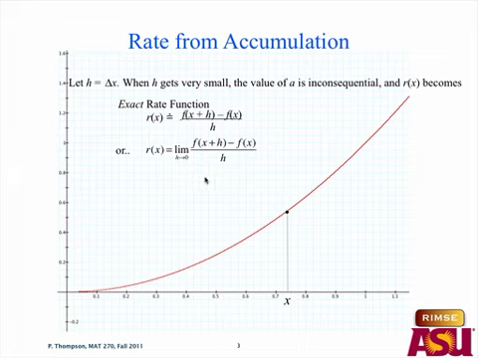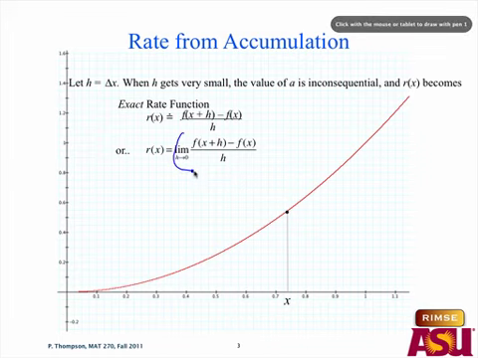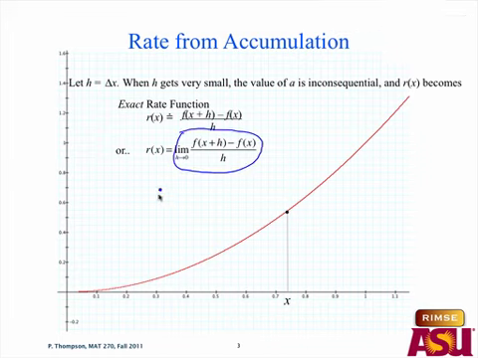Right, because f is accumulation, and we're building the rate function from the accumulation function. So that was the process that we went through to build up rate from accumulation. Is this expression an approximating rate function or an exact rate function? Exact, because we're saying let h get very, very small, so that these are essentially equal. And so this is our exact function.